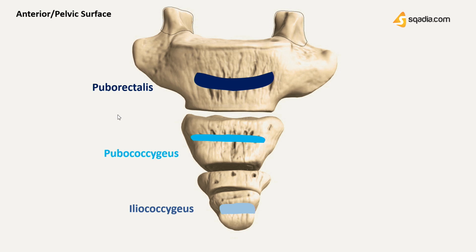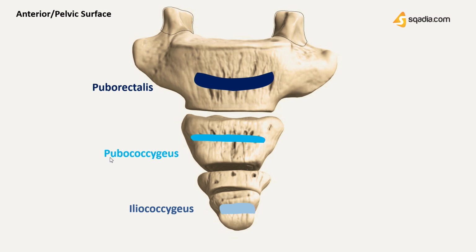If you notice, we have the puborectalis. The name indicates basically that this muscle gets its attachment to the pubic symphysis as well as a sling-like structure around the rectum. Then if we look at the pubococcygeus, it has two elements.